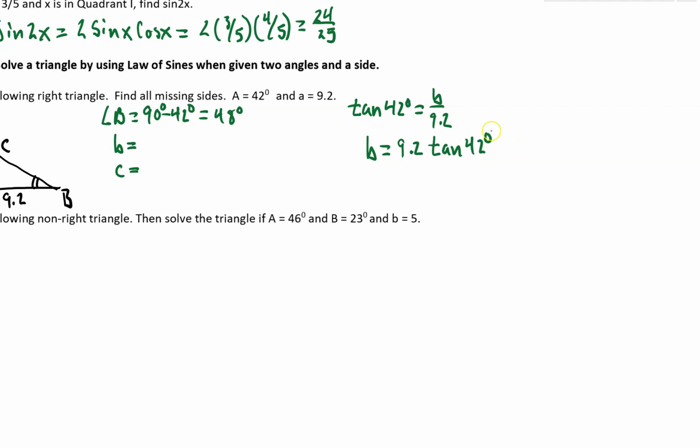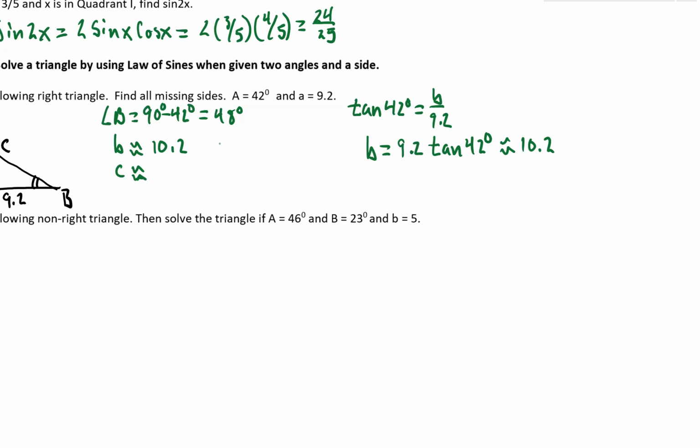And then we're going to work that out. Now keep in mind, I'm going to erase my equal signs because we're going to have to round. So these are both going to be approximations. And this would be approximately, written out to one decimal place, 10.2. So you're plugging that in your calculator. Make sure you are in degree mode when you do that because you're given degrees. So this is approximately 10.2.